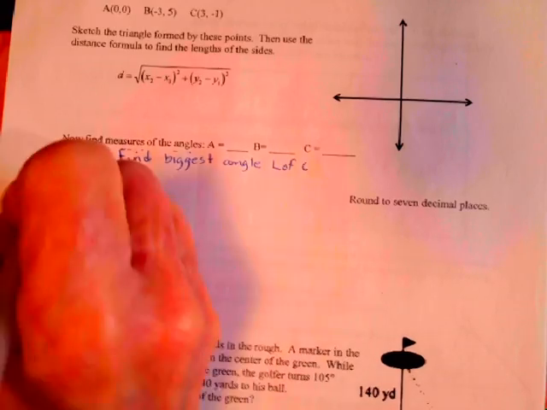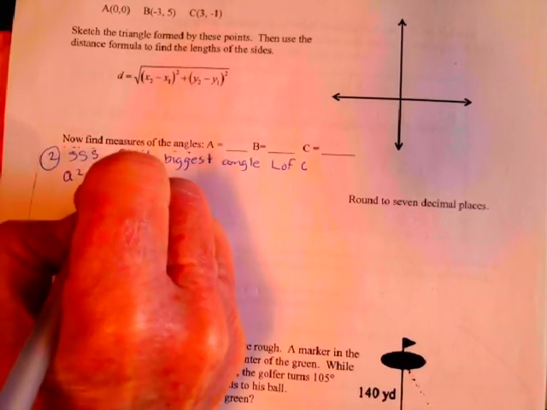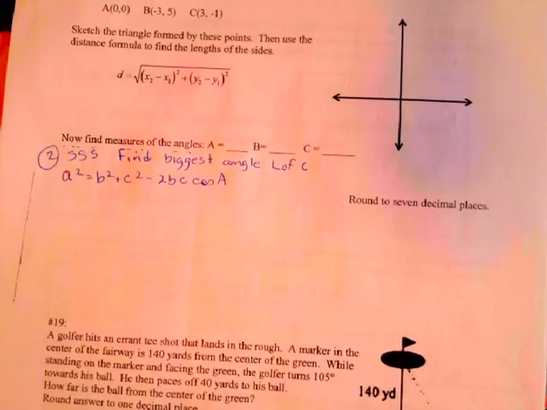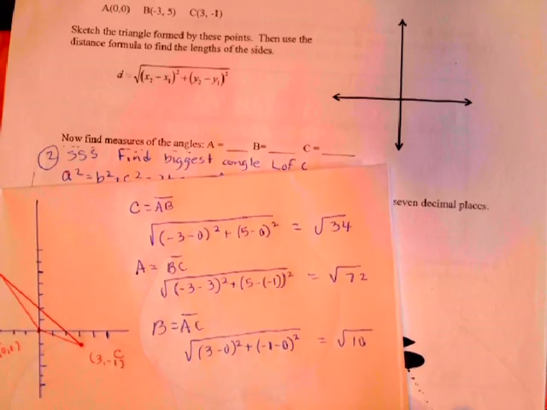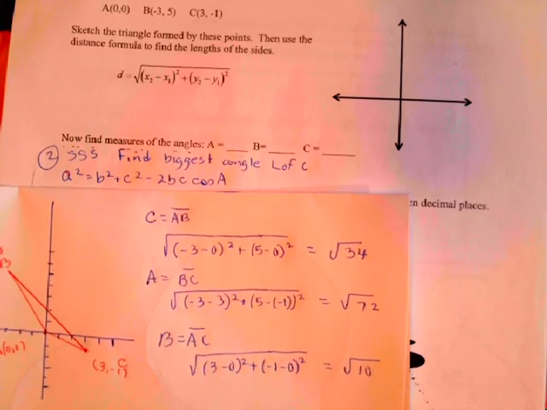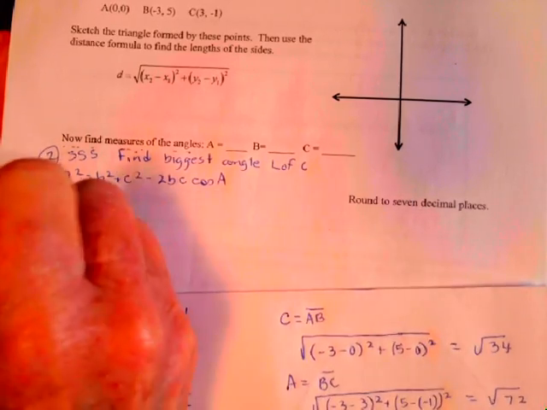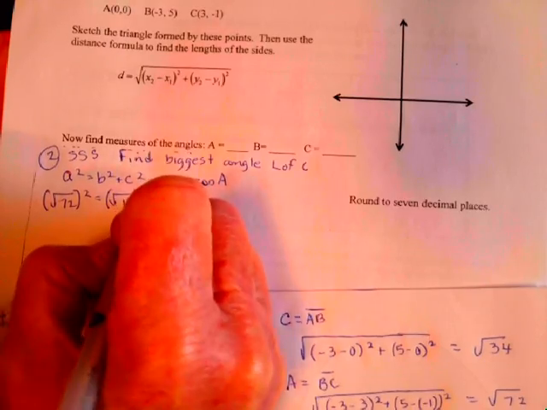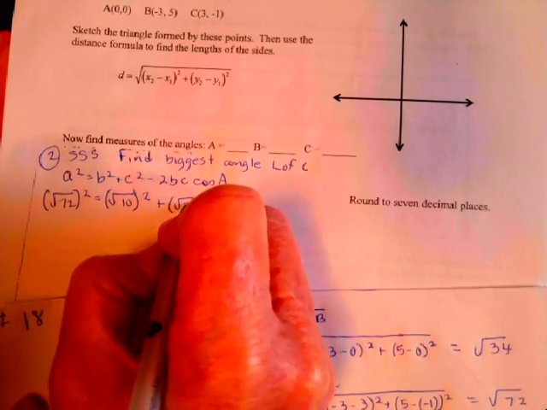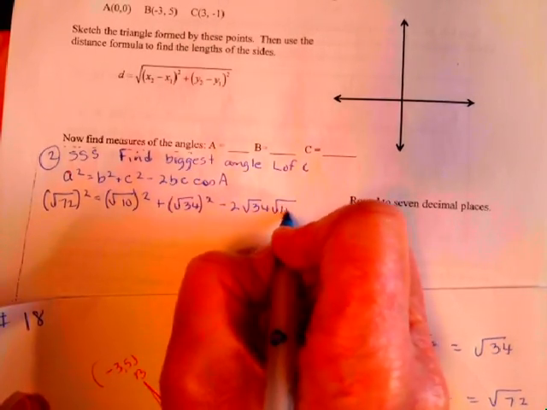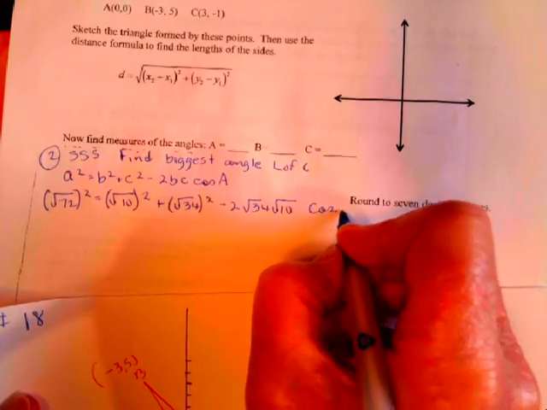A squared equals b squared plus c squared minus 2bc times the cosine of A. Substitute those values that we found for the lengths of these sides in place of A, B, and C. So I know that I have the square root of 72 squared equals the square root of 10 squared plus the square root of 34 squared minus 2 times the square root of 34 times the square root of 10 times the cosine of A.